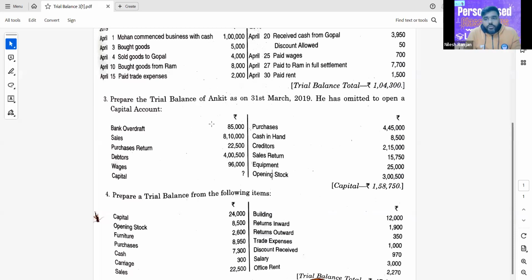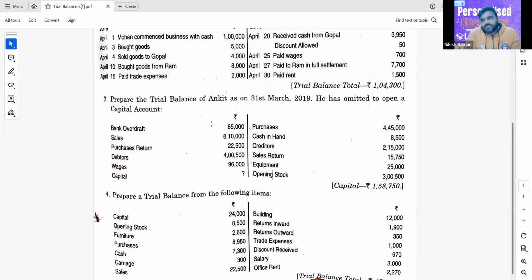And on which side will it be written? On the debit side. Capital is on the debit side. Oh, sorry, credit side. Capital is a separate category in the modern approach.